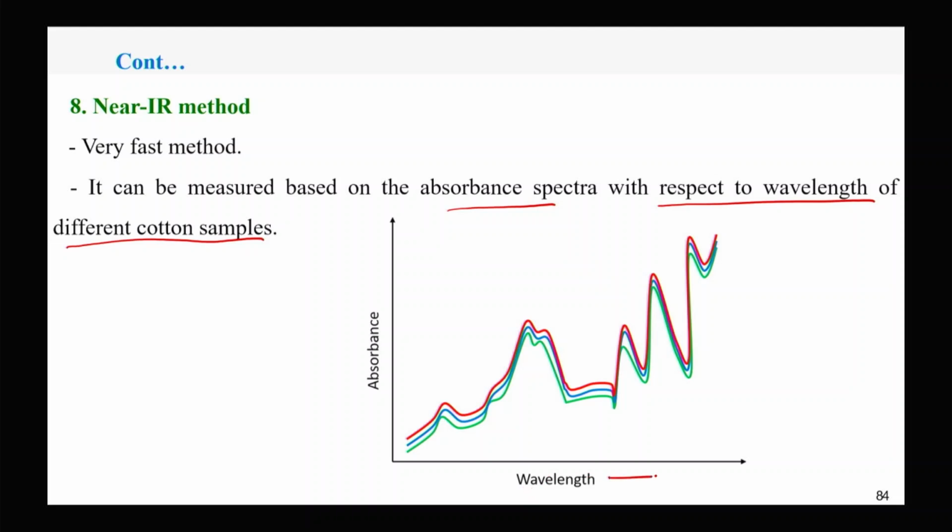With the change in wavelength, the absorbance changes, and this spectrum depends on the different maturity of the fiber. Depending on the secondary wall content, the absorbance changes. So effectively, the presence of secondary wall is the indication of maturity.